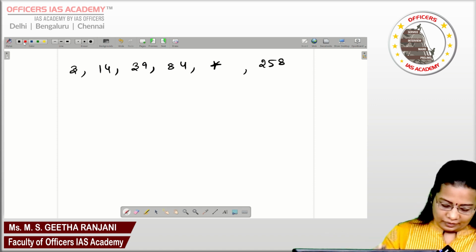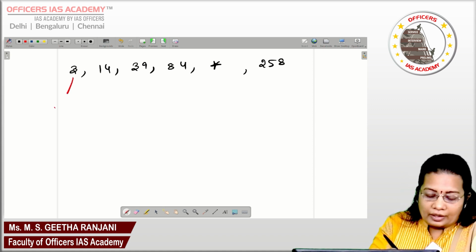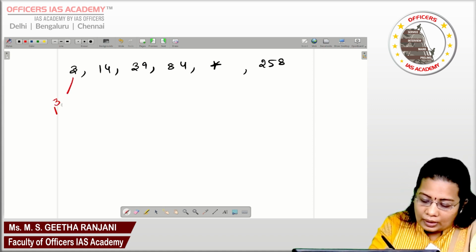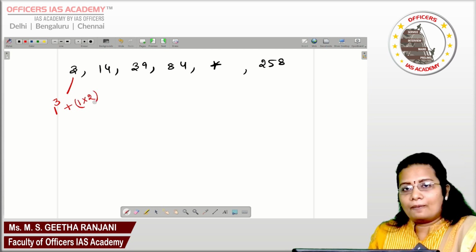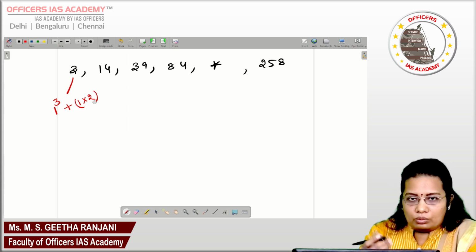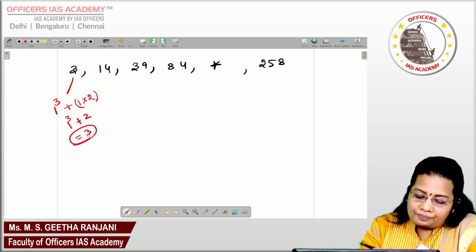What is the order? The pattern is 1 cube plus 1 into the next number. What is 1 into the next number? 1 into 2 is 2. So that is 1 cube plus 2, which is equal to 3.